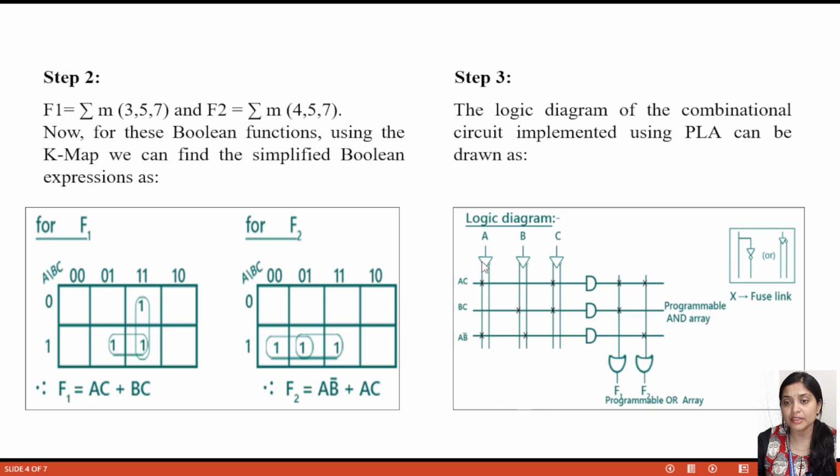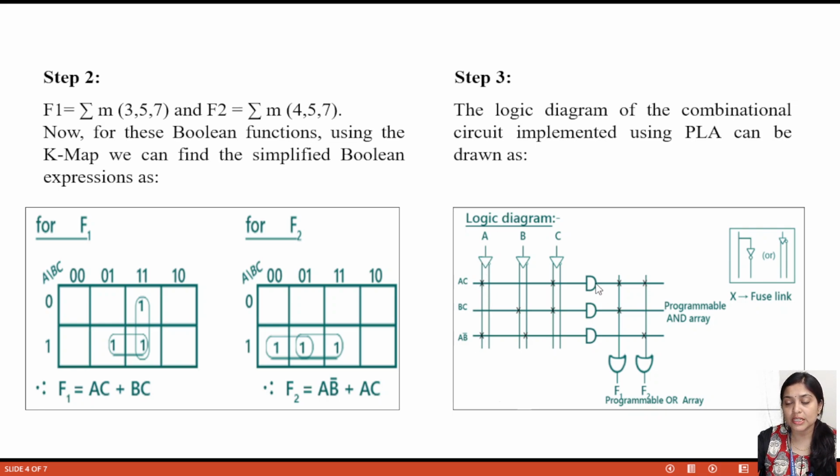In the buffer, this line is for A and there is a NOT gate, so whatever is coming through this NOT gate is A bar. Similarly here it is clearly explained. So this line A, this line A bar, this line B, this line B bar, this line C, this line C bar.